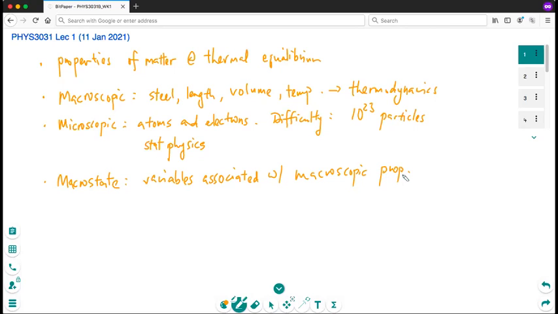And likewise, the microstates will be the variables associated with the microscopic properties. How do you describe all these atoms? How do you describe all these electrons? You will have a way to describe them, and this kind of detail will be encoded in the microstates.